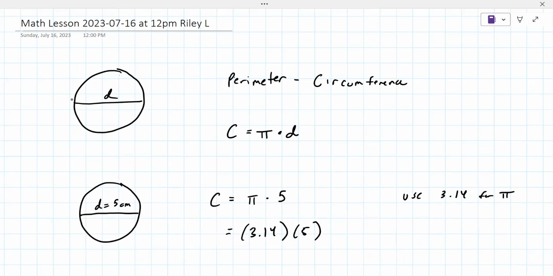It's an approximation, and it's good enough. You have to know to use it and know its value. If they don't give it to you, they should, but you need to take 3.14 times 5, not pi.